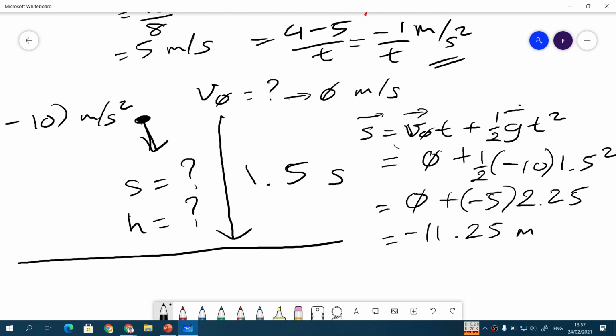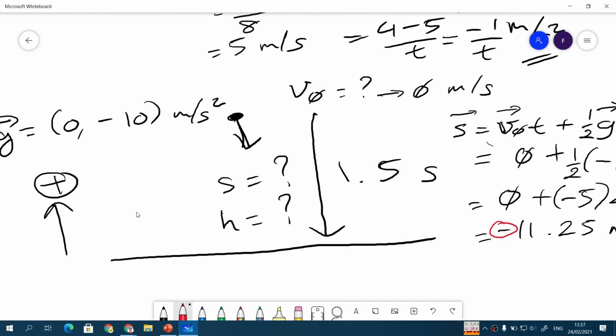If I consider the direction, it means that the coconut falls down 11.25 meters downward. Notice here the sign is negative, and remember that y positive is upward. So everything is correct now.